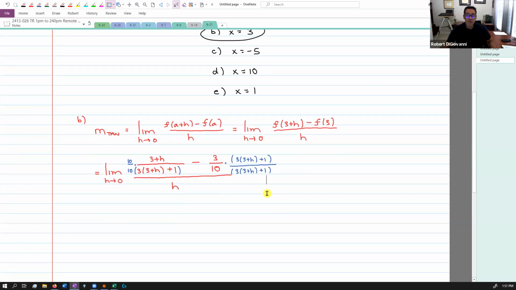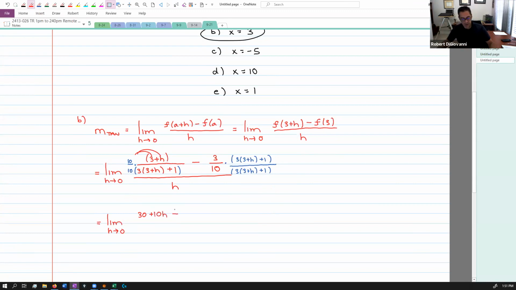So I'm getting a common denominator, right? On the first one, when I multiply that 10 through the top, I get 30 plus 10h.